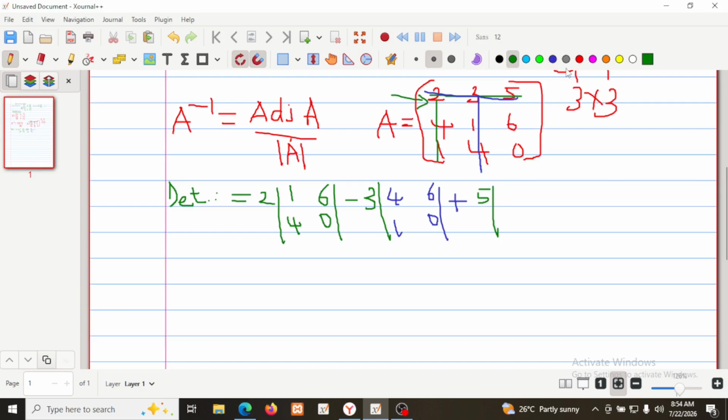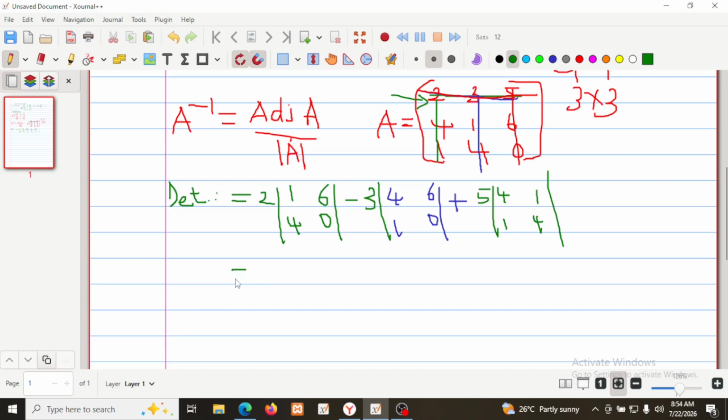Then when you cover this row and this column, we'll have 4, 1, 1, 4, like that.